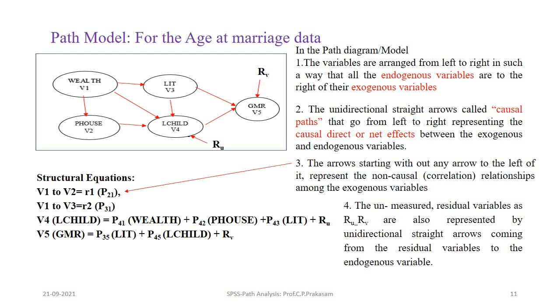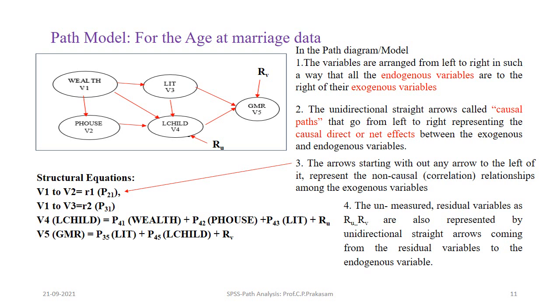That regression equation is developed as V4 equals the path coefficient from V1 on 4, that is wealth, plus path coefficient P42, that is the Pakka house to the L child, plus P43, that is the literacy level to the L child, plus the residual variable RU.